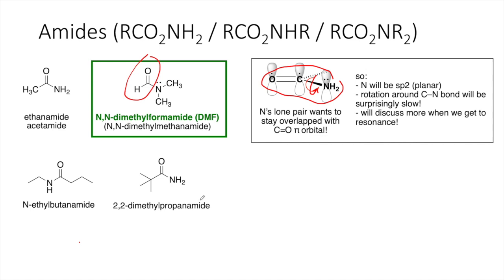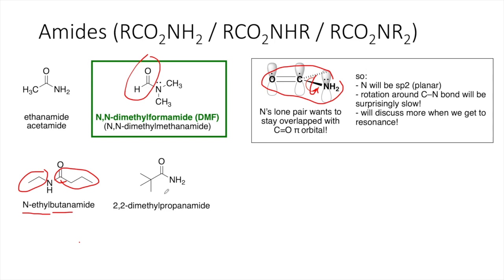Okay, here are a few other amides we can name. So again, N-ethyl. We're going to name the substituent on the N first. N-ethyl butanamide. So it's a 4-carbon carboxylic acid derivative. That's where the butan comes from. Here we've got 2,2-dimethyl propanamide.